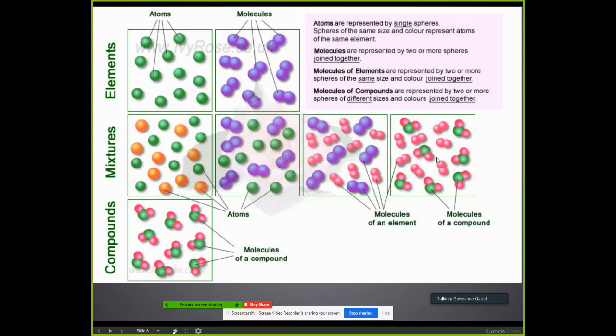Here's the compound. In this picture, you have 7 molecules of it. And then of the pink beads by themselves, this element, you have 1, 2, 3, 4, 5, 6, 7 molecules of this element. So you have 7 groups of this element and 7 groups of this compound in this image.